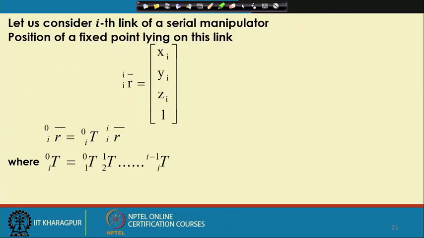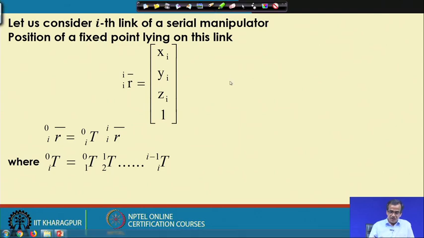Now, let me once again start with a small element, whose coordinate is in its own coordinate system. For example, just like previously, say I have a robotic link, and here is the coordinate system I am having, and the motor is connected here.